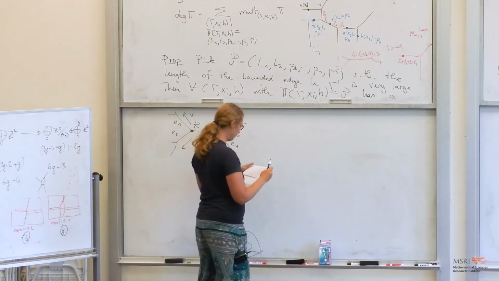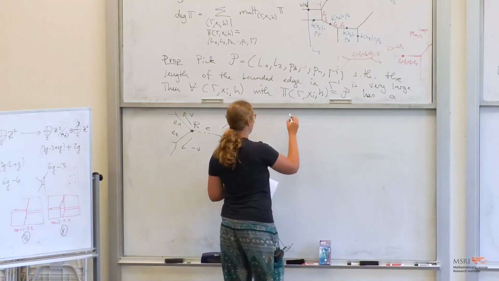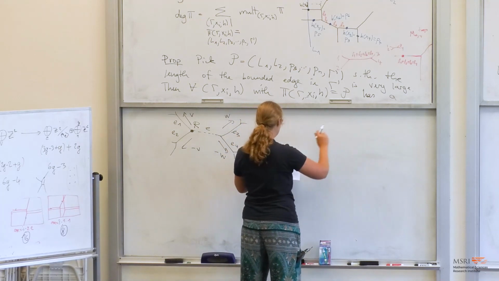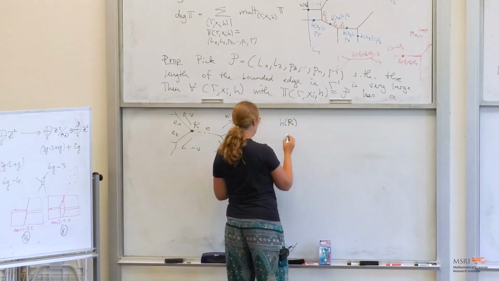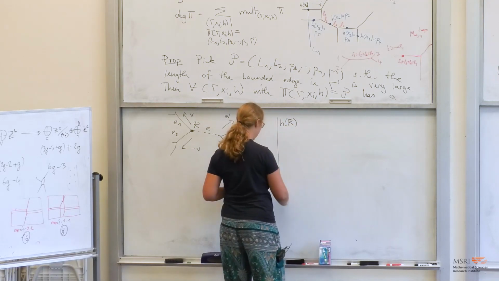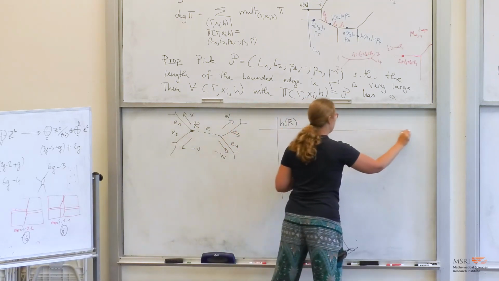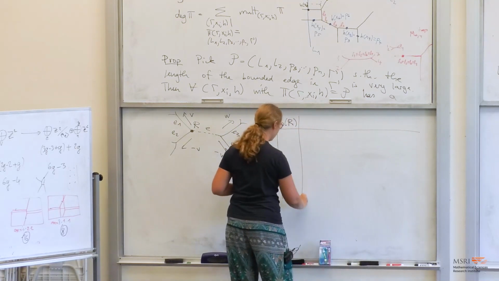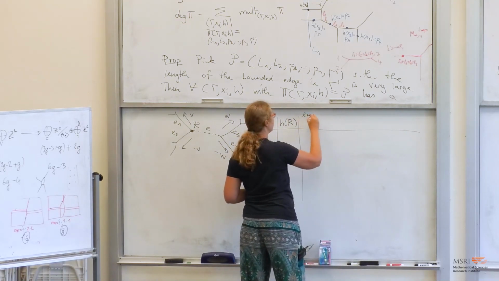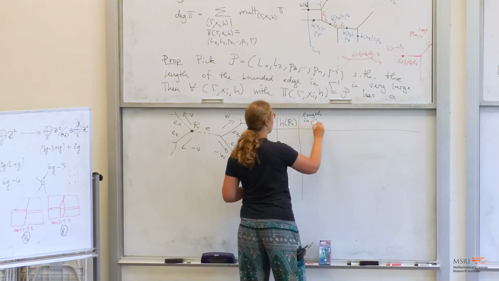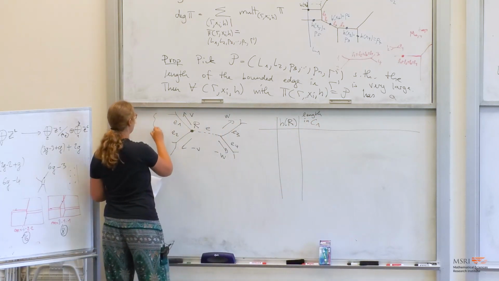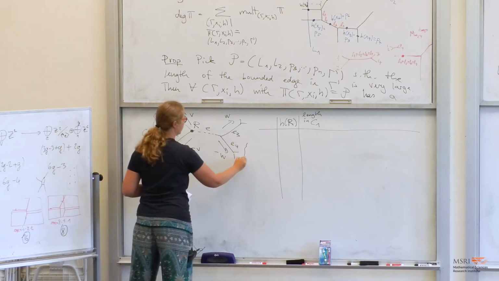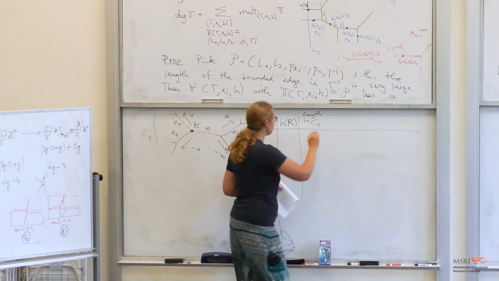This makes my determinant a little bit nicer. Okay, so I will not draw the whole matrix. I will give you the relevant parts of the matrix. So I have the image of my root vertex somewhere. I'll have some length in C1. So C1 is assumed to be this part here, and this part here is C2.